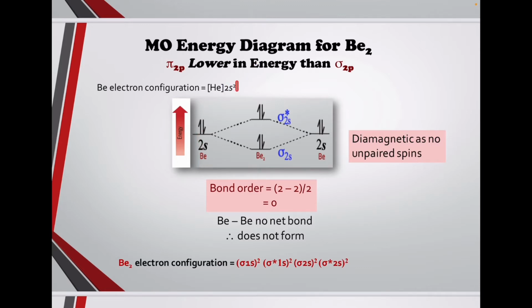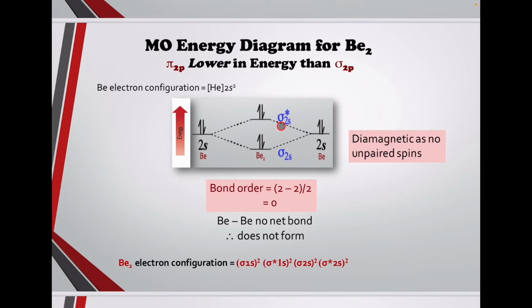And we know the valence electron 2s2, so 2 electrons here, and same goes here, 2 electrons. 2 plus 2 equal to 4, so you need to fill 4 electrons in the molecular orbital of Be2. So we need to fill the electrons at the lowest energy level of the sigma 2s. So only one orbital here, so 2 electrons, and another 2 will fill in the antibonding sigma 2s.